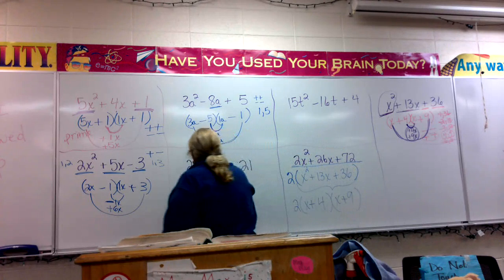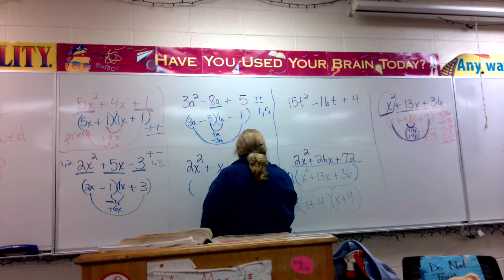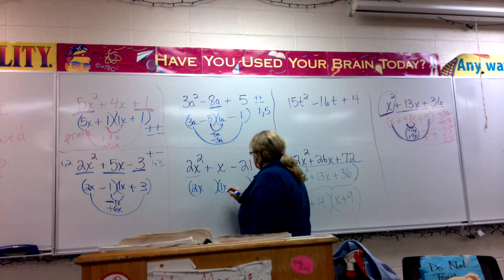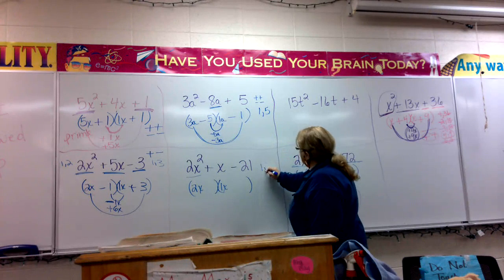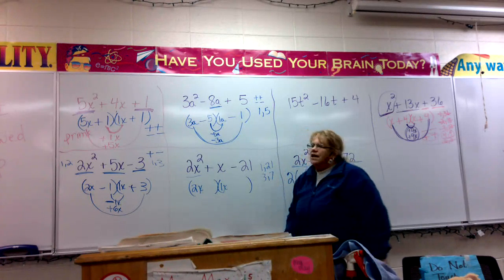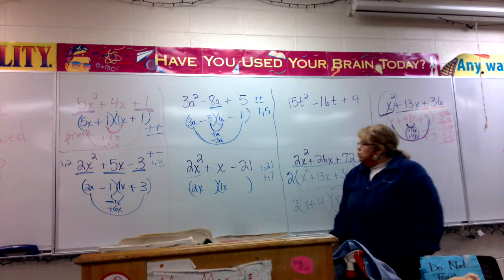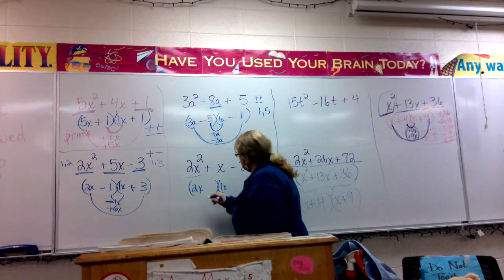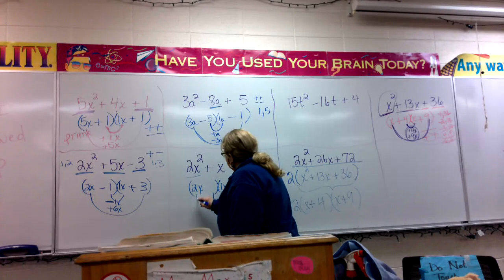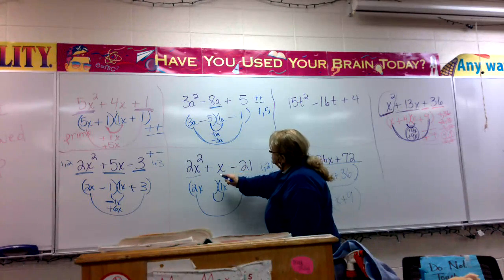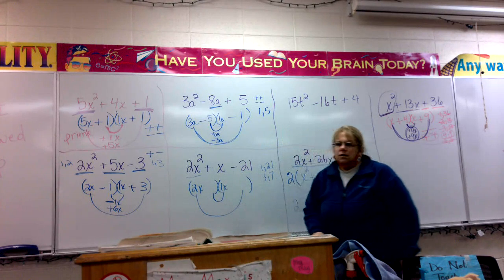How about this one? I'll do this. It's got to be 2x and 1x. 21 could be 1 and 21, or it could be 3 and 7. Now there's two possibilities. And remember, when you have a number out here, it's got to be the inside-outside combination that subtracts to 1.